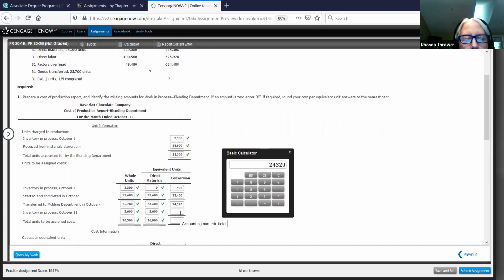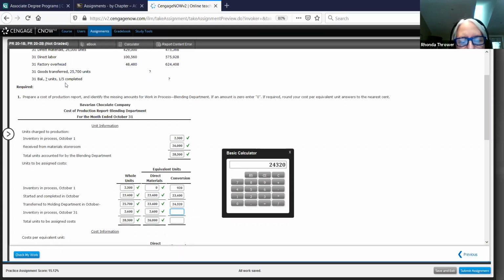For our ending inventory units that we have finished with respect to conversion, we've only finished 1/5 of those this month. Remember, we've started our ending inventory units. We've got all of our ending inventory units accounted for with respect to materials, but this 1/5 complete is with respect to conversion cost.